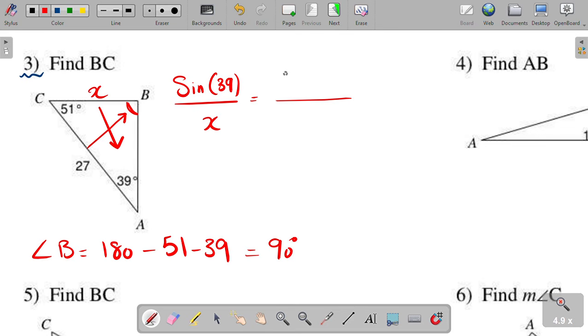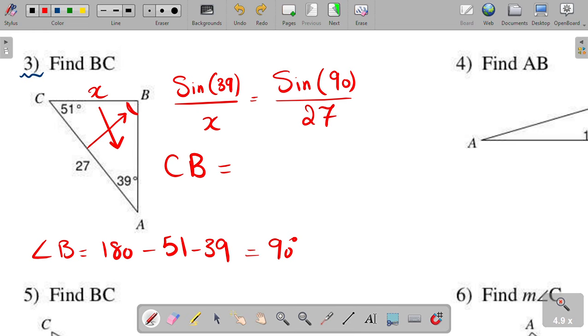So in this case, you're going to say sine 90 over the side which is opposite to it, which is 27. Using shift solve on your calculator, you can directly find the missing side. So CB or X is going to be equal to... let me check using my calculator.